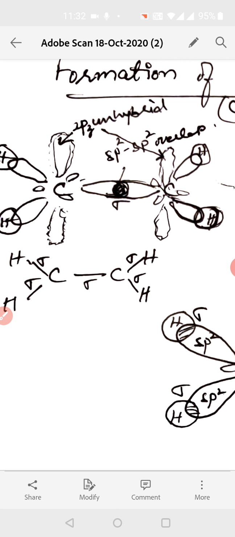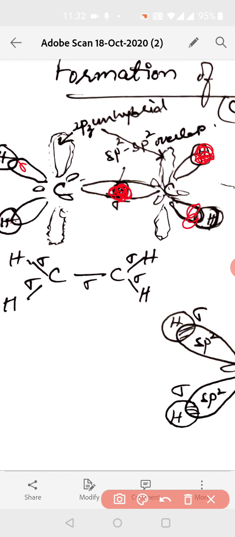One of the sp2 hybrid orbitals on each carbon overlaps to form a sigma bond here. Then they overlap with hydrogens to make sigma bonds here, here, here, and here.